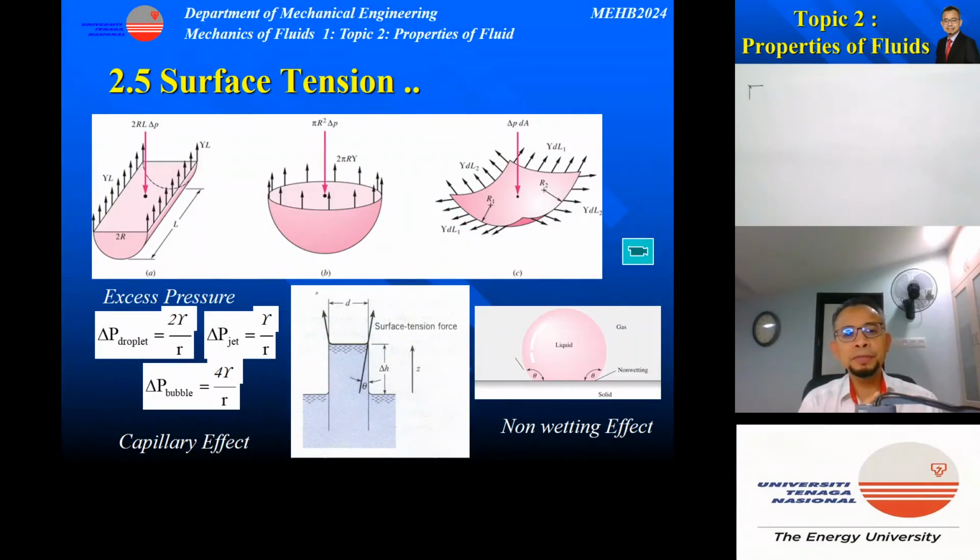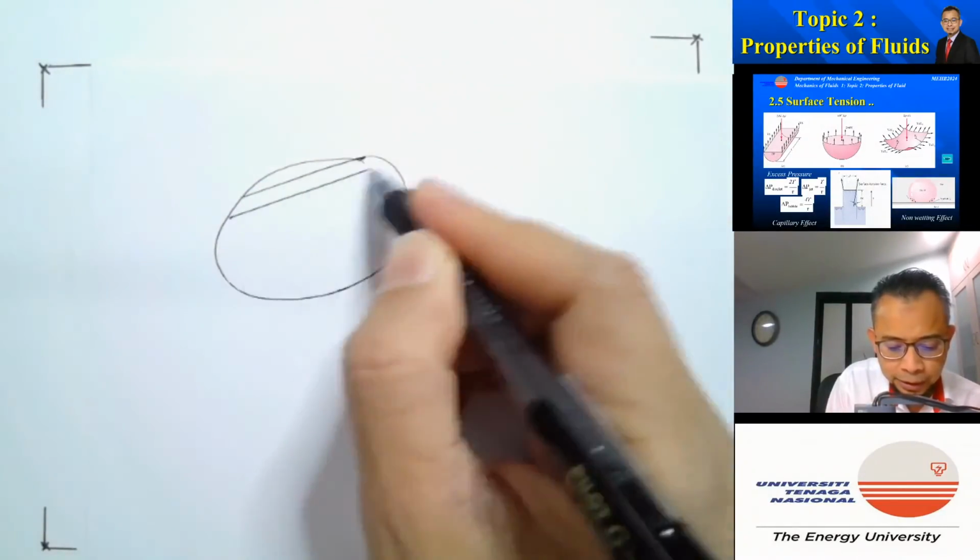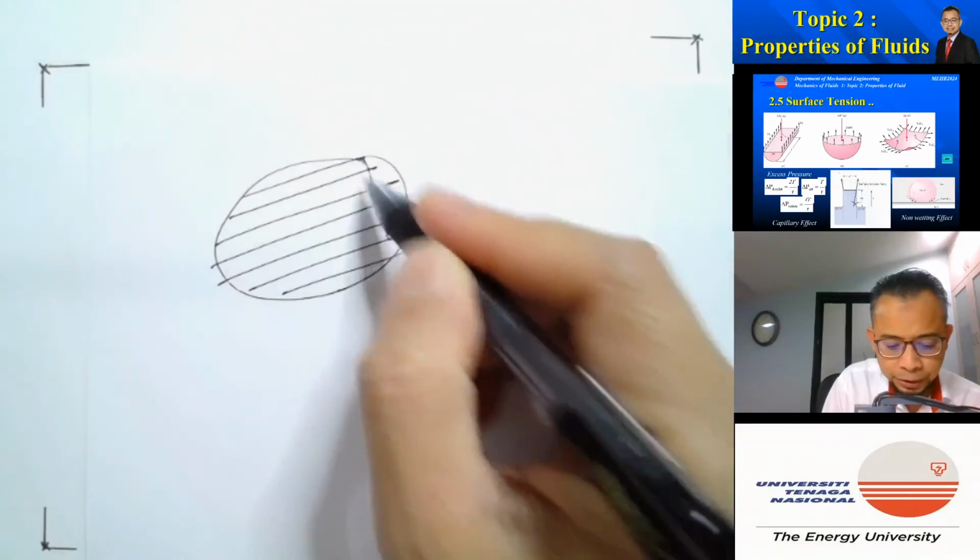So let's see how surface tension prevents water from pouring off from the jar. We have the jar, and at the end, there was a screen.